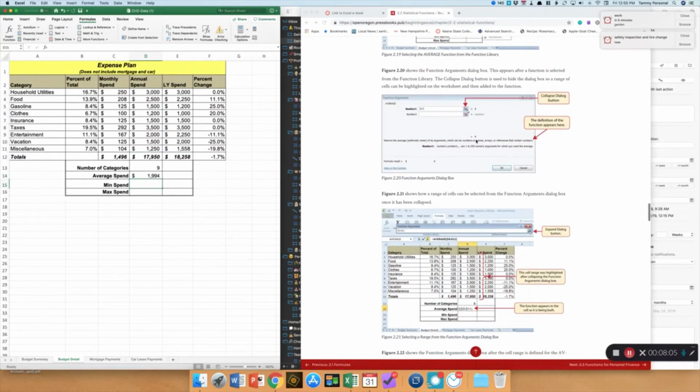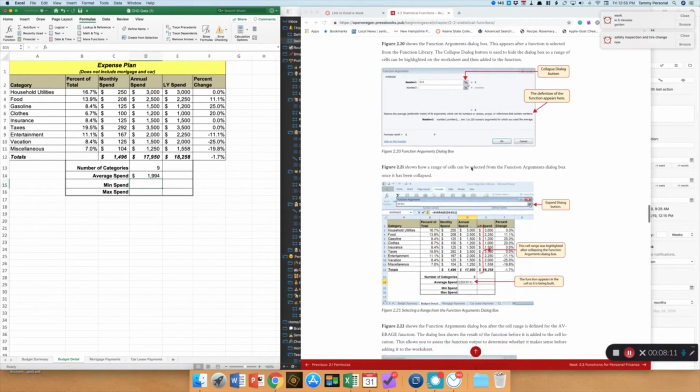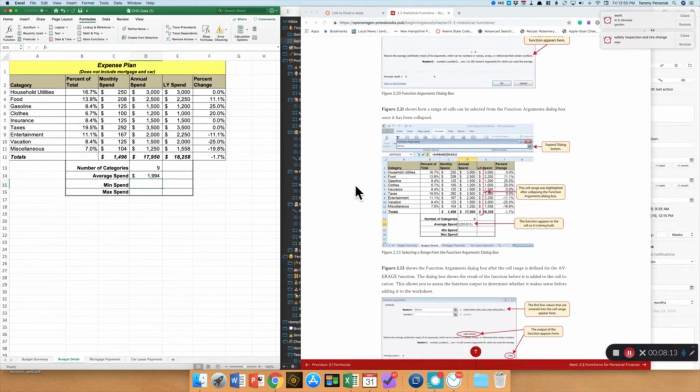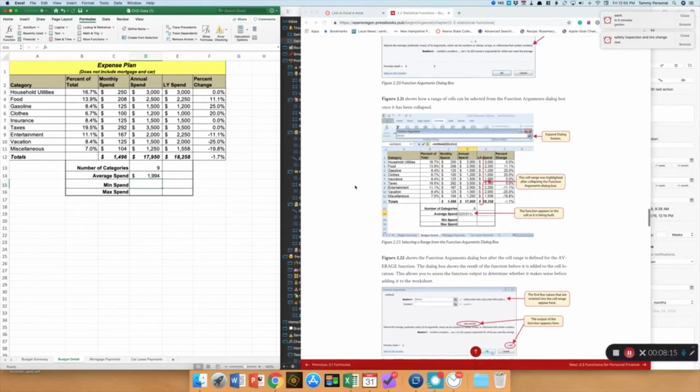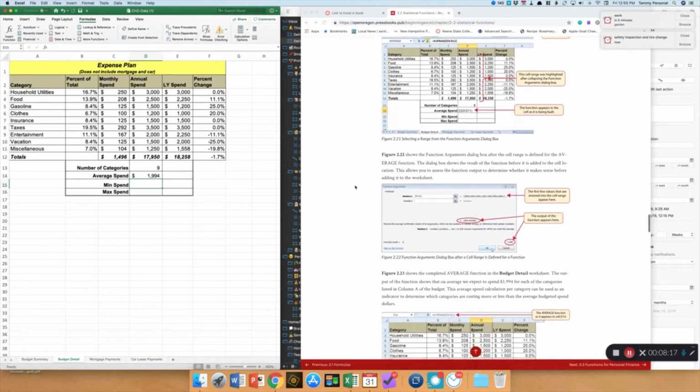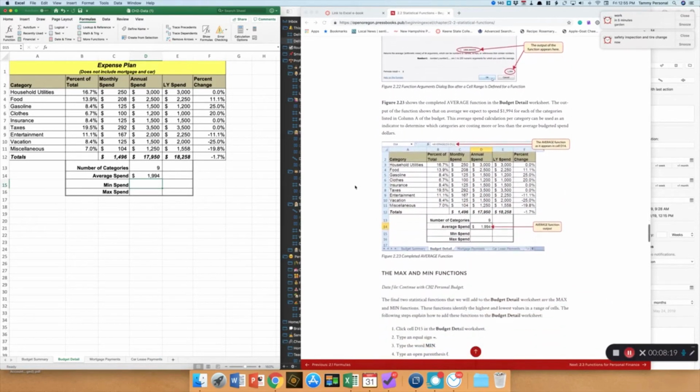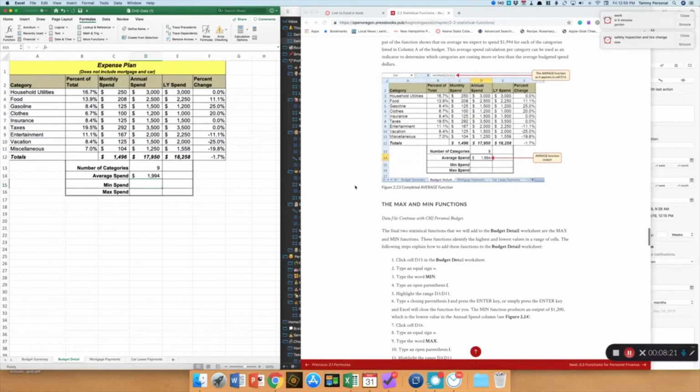This book kind of goes into a little bit of excessive detail about how these functions work. It's really not necessary to go through all that. Just do it the easy way. So there's our average, 1994.